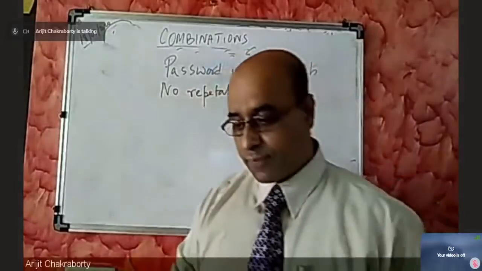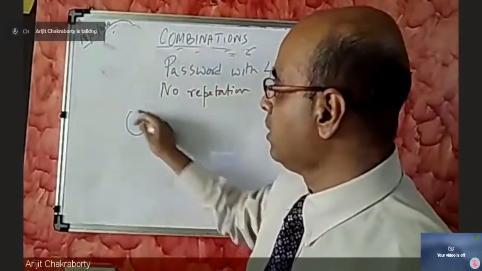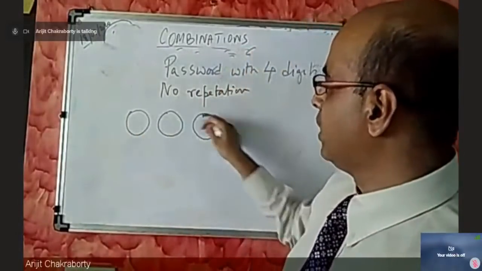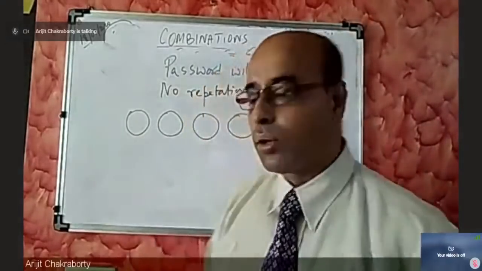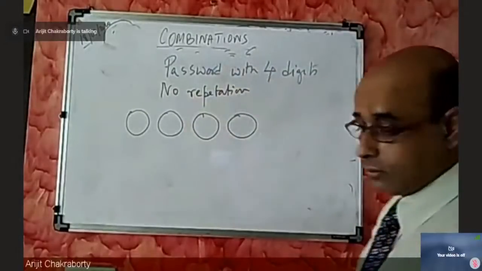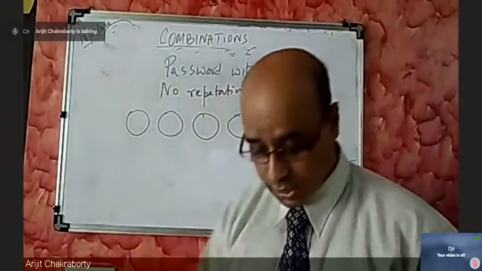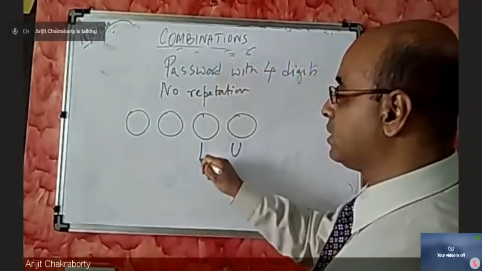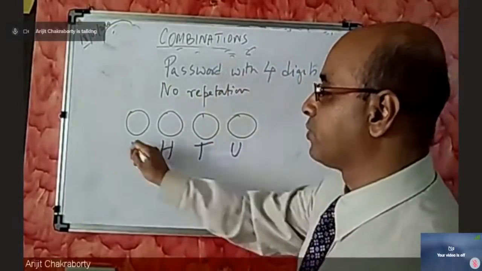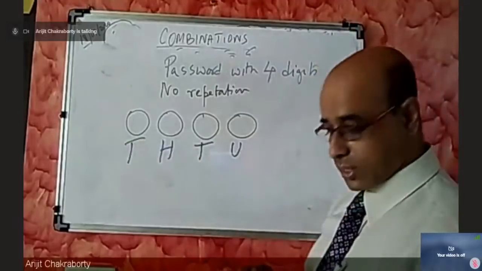So dear friends, there are 4 digits. Let us go first to the units place. You know units, then tens, then hundreds and then thousands. Okay, 4 digits.